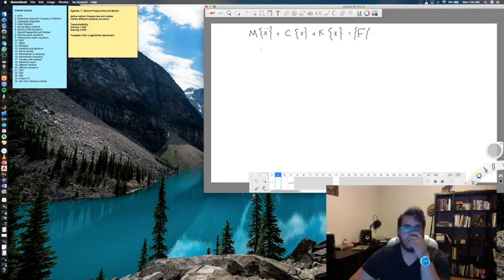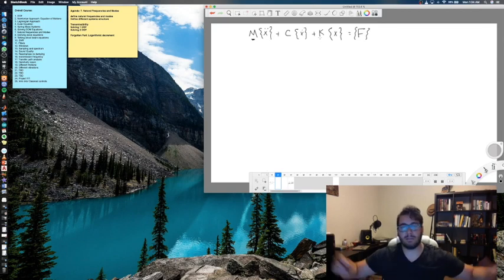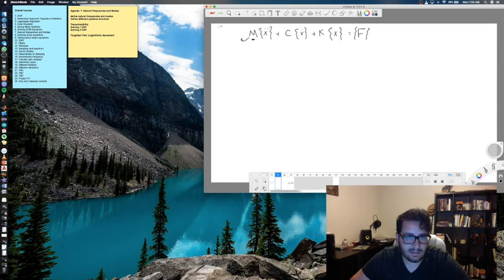Okay. Now I'm talking about my mass, damping, and stiffness in my whole system, right? So you would expect this to look something like, actually let me give an example here.